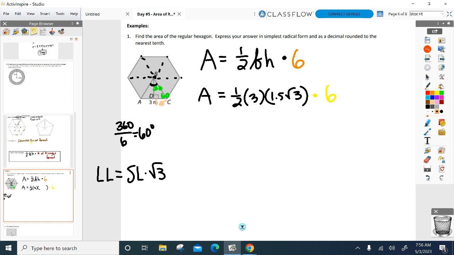All right. Reminder, how do I do simplest radical form? Everyone see the radical in that problem? It stays radical 3. Now you multiply everything else.